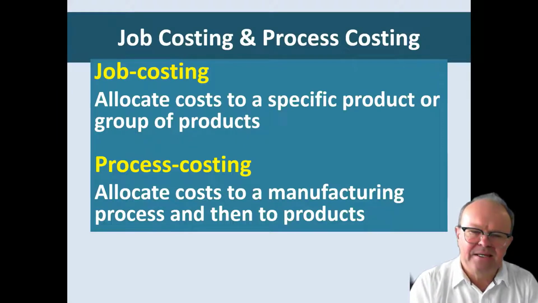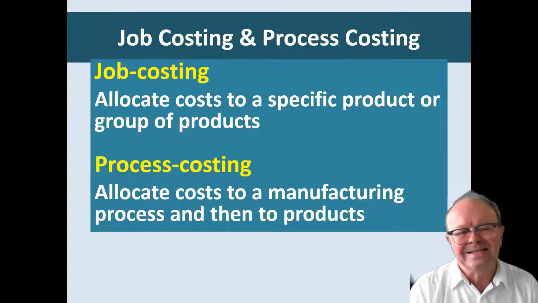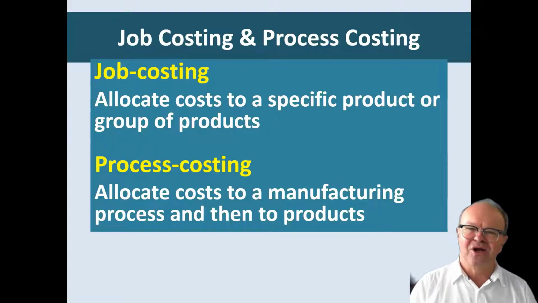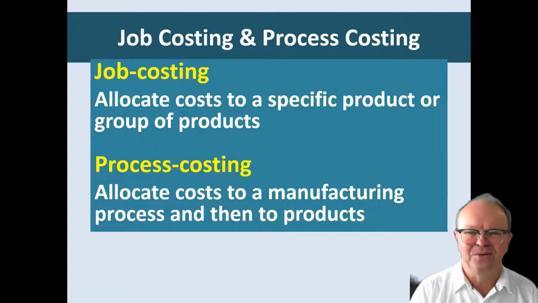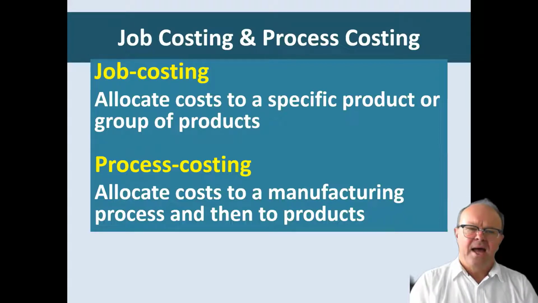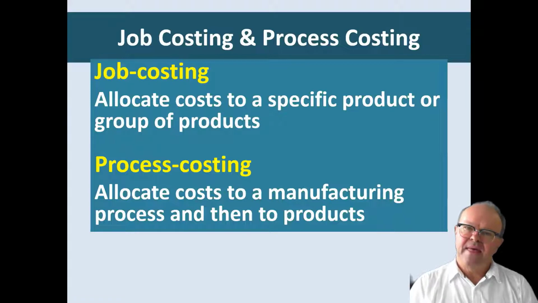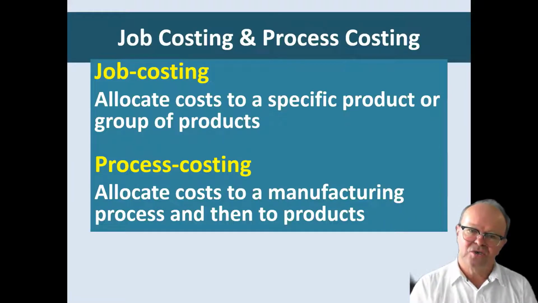When we can see the product right from the beginning, we're building an ocean liner, there's the space. The first thing we do, we know it's going to that particular ocean liner. We'll use job costing, and that's to allocate both the direct and the indirect costs to that product.